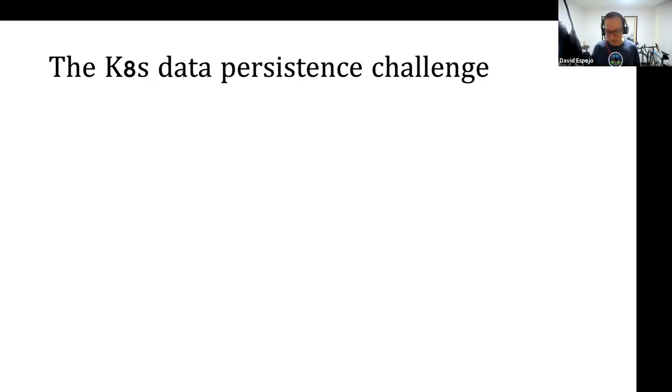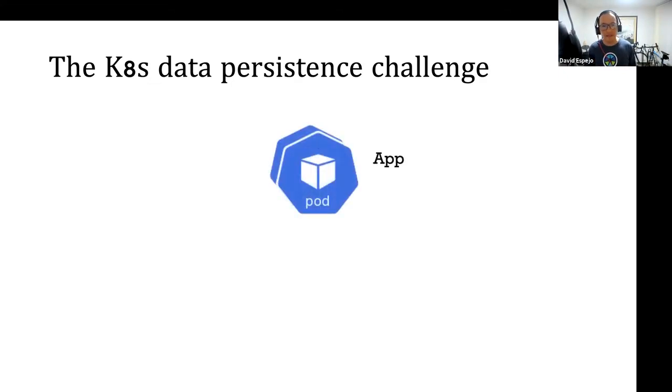So what's the problem on Kubernetes? Well, remember that Kubernetes was created inside a public cloud provider, Google, and it has some implications. So we can figure that out with this example. We have an application, a set of pods.